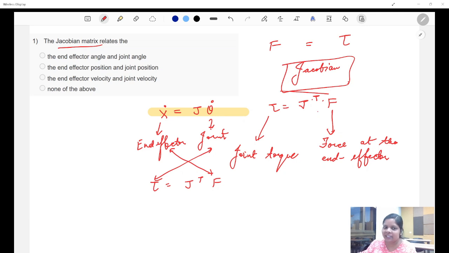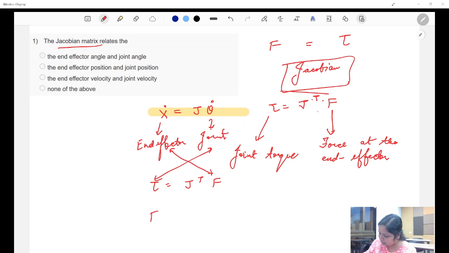So in both of these cases, you can see that end effector velocity is equal to Jacobian into joint velocity, it does not go with torque and force. It is the inverse relation basically. So if you are supposed to write this for force, you'll have to take an inverse.